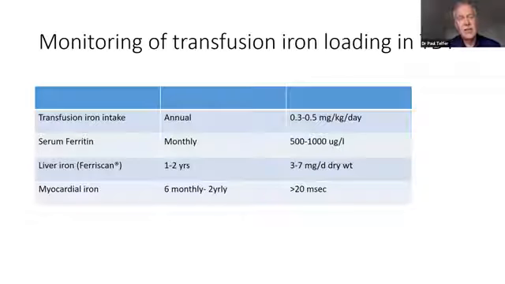And in the studies that were done looking at rapid de-ironing of the myocardium, there weren't really any significant changes that occurred in a time duration less than 6 months. So I would recommend for a severely iron overloaded patient who's requiring intensive chelation to de-iron the myocardium, 6 monthly would be appropriate. Next slide, please.